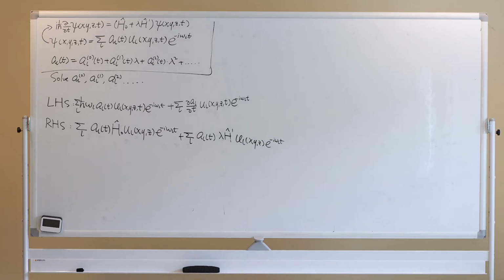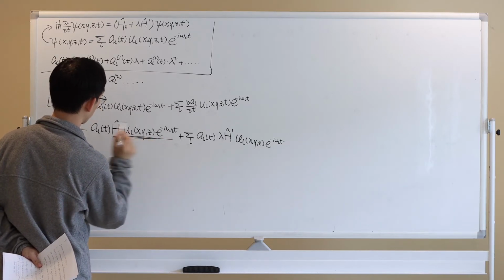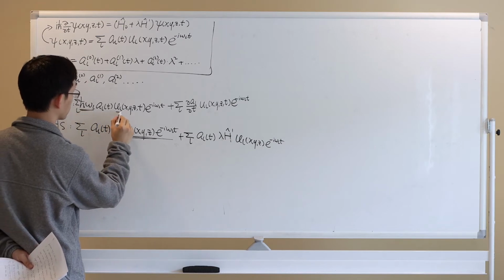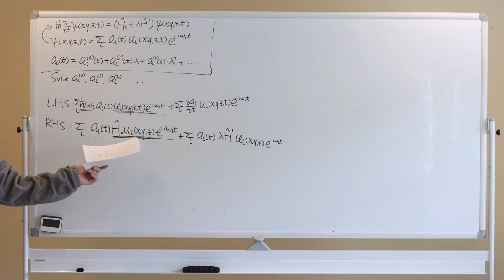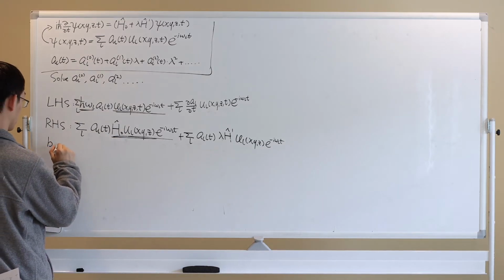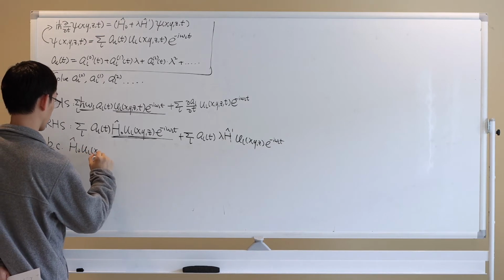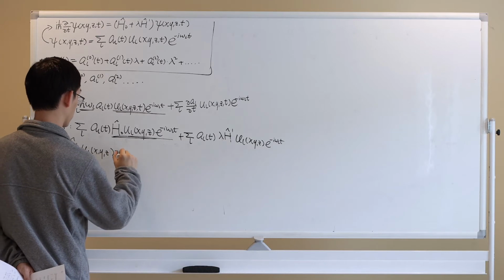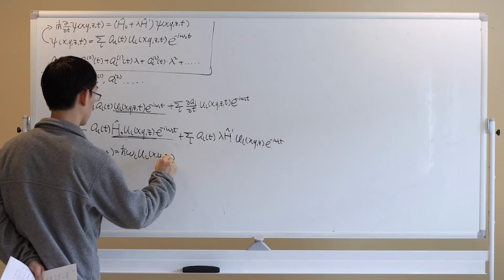Okay, so one thing that we notice is that H naught acting on this is simply this times this, right? Because what is U_L? U_L, we say, is the eigenstate of H naught, right? We say that because H naught U_L(x, y, z) equals h bar omega_L U_L(x, y, z), right?